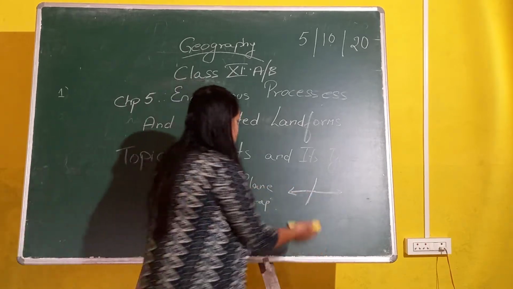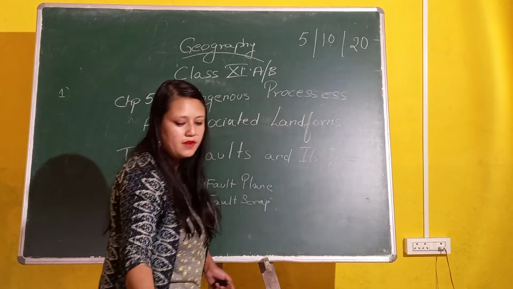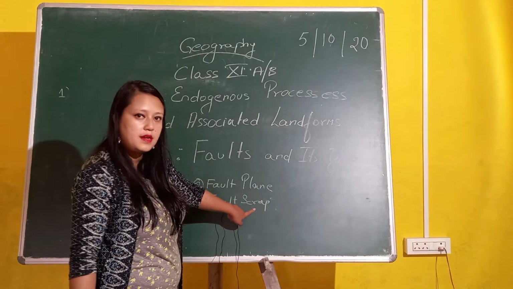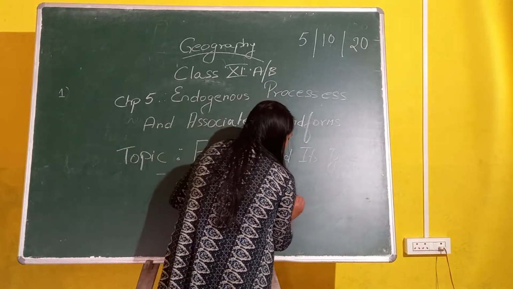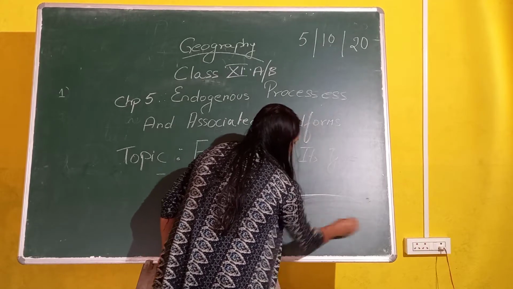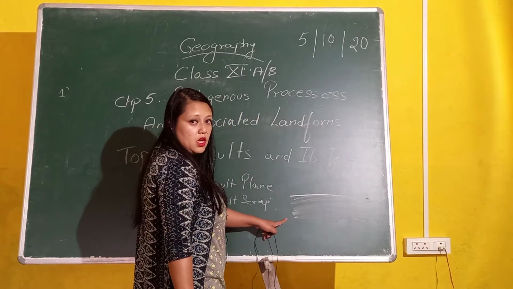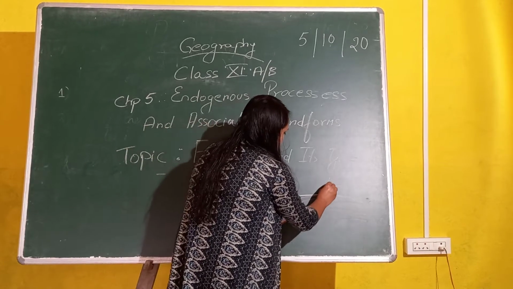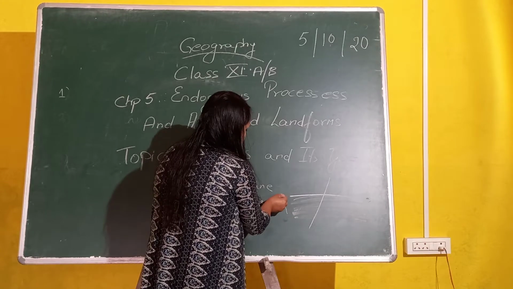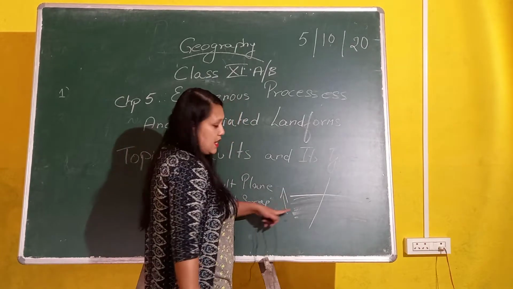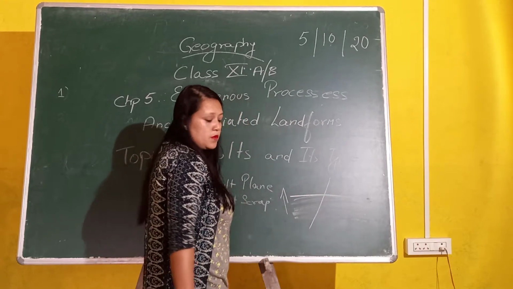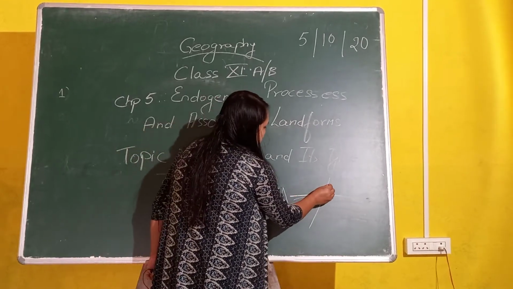There are different types of faults, but before that I'll tell you the meaning of fault scrap. Suppose this is a piece of land. Because of a tension, a crack or a fault occurs. This part of the land moves upwards and this part remains as it is, so there is an elevation.